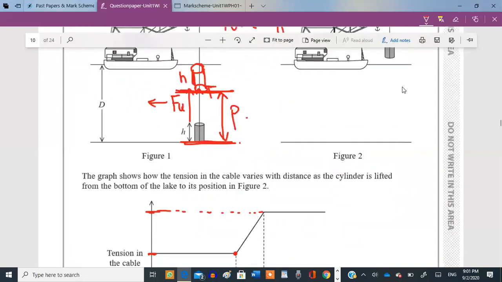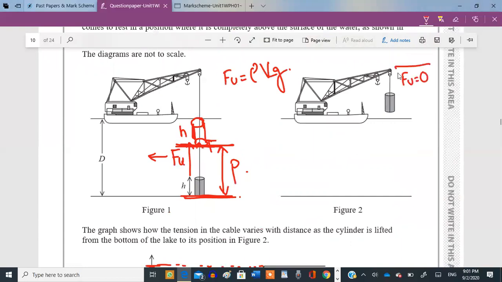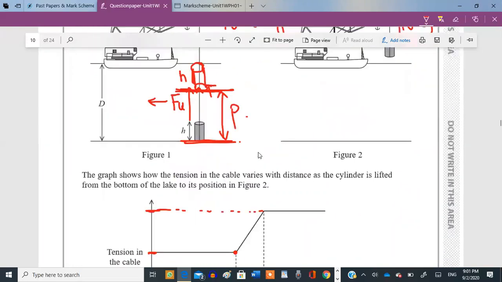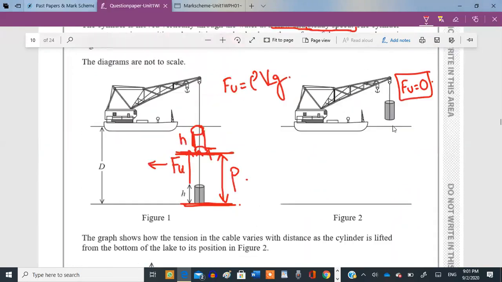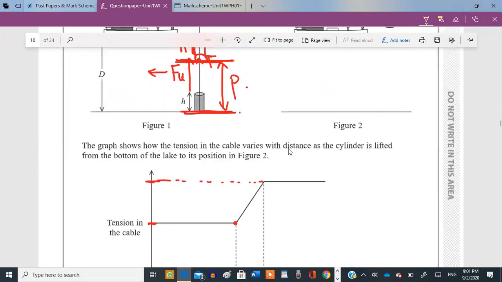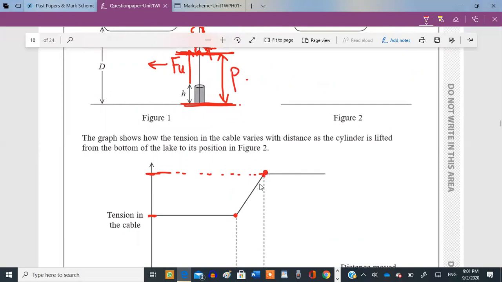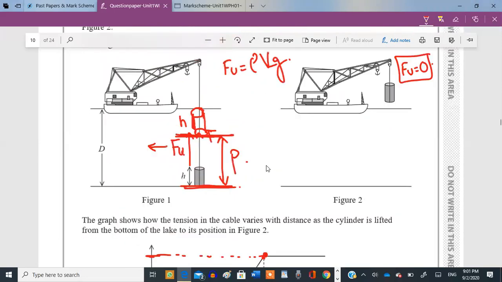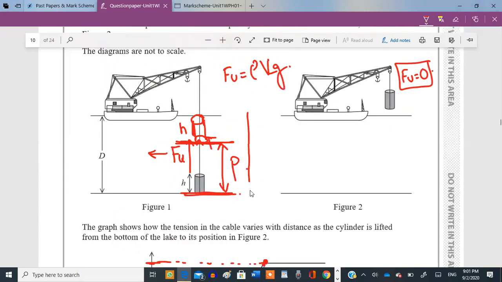As soon as the base moves out, the upthrust automatically becomes 0. Because now, as this object is outside the water, there will be no upthrust force, because now the rho has become 0. And so at this particular point, immediately after this object moves out of the lake, the tension would reach its maximum point. And therefore, this entire distance that this object has covered is going to be the distance Q.